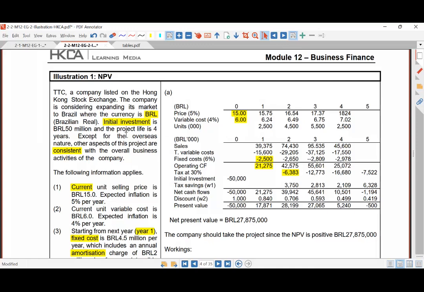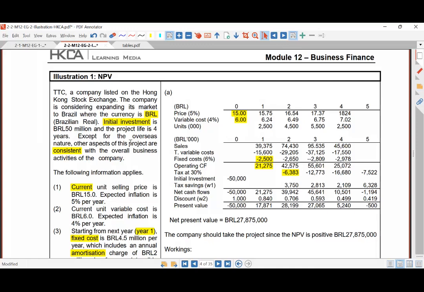The initial investment you have to spend here is 50 million Brazilian real. So that is your capital expenditure or capital cash flow in the NPV there. That much you have to spend initially, year 0. It is a 4-year project.